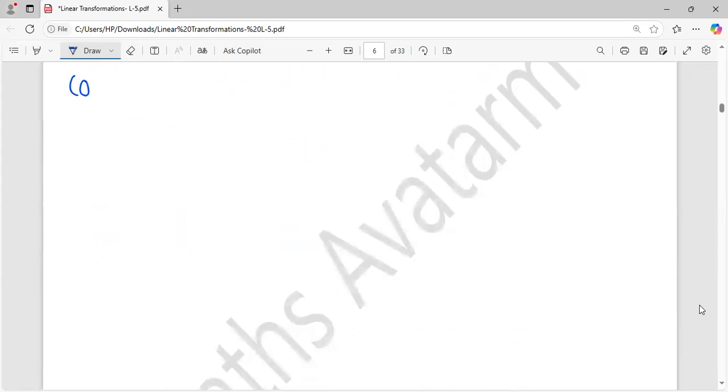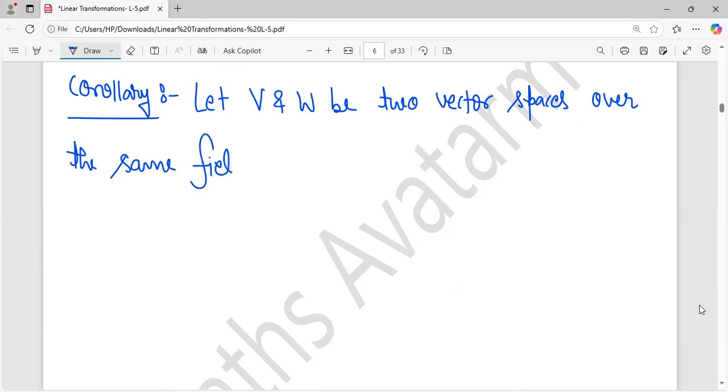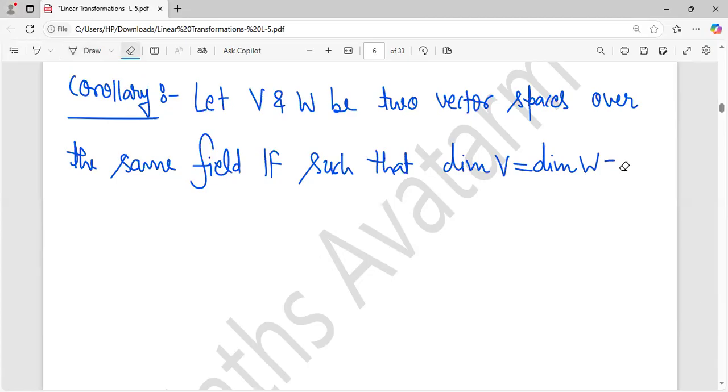So, corollary. Let V and W be two vector spaces over the same field F such that the dimension of V is equal to the dimension of W, and that is finite.